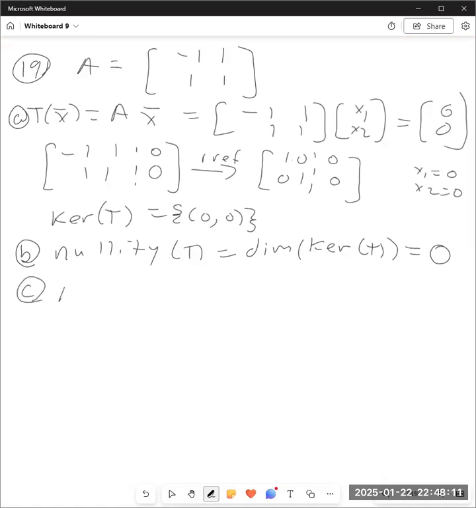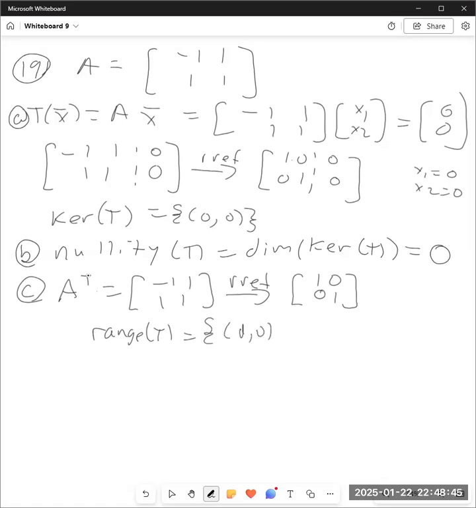C is going to be asking me to find the range. I'm going to take the transpose here, and that equals [-1, 1; 1, 1]. I'm going to RREF that, and I get [1, 0; 0, 1], which makes my range of T equal to (1, 0), (0, 1), which is the same as R2.